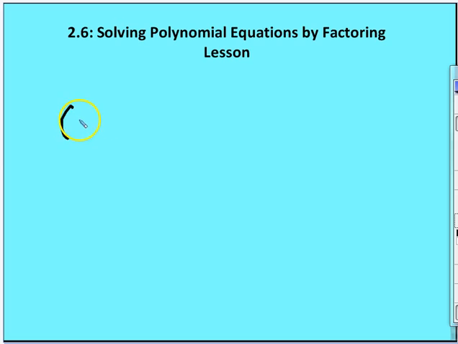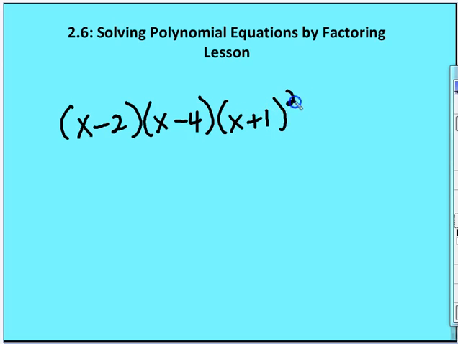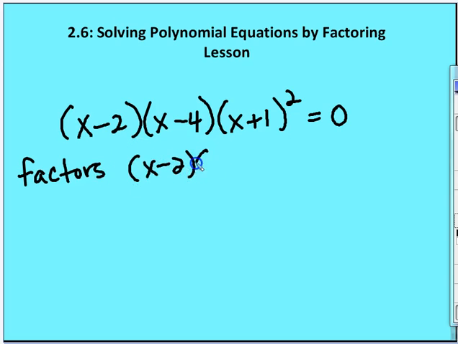If I have some polynomial which I've factored, (x - 2)(x - 4)(x + 1) squared is equal to, we'll say, 0, then the factors are going to be x - 2, x - 4, and x + 1. So those are the factors of the polynomial.